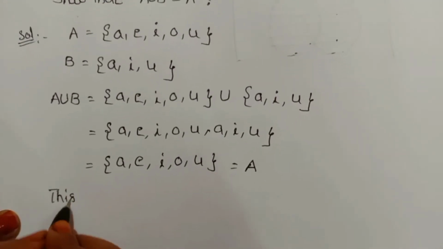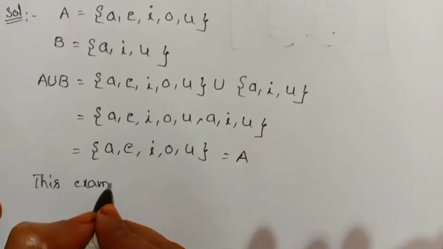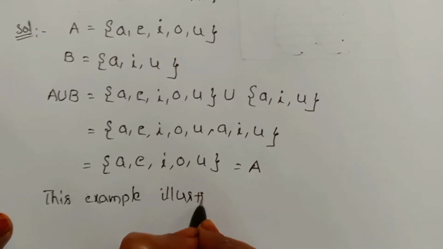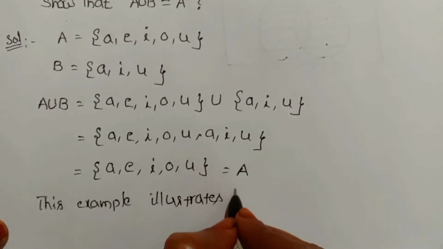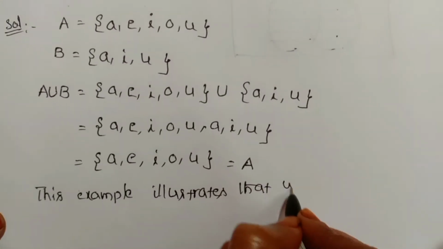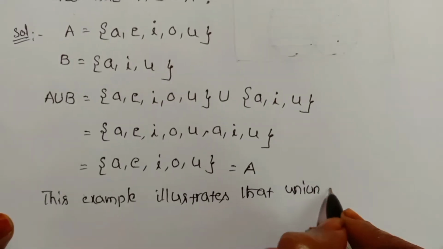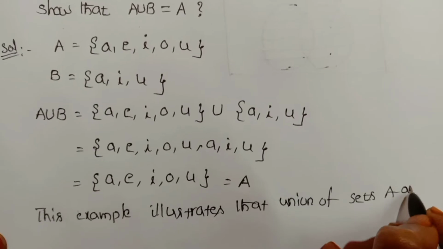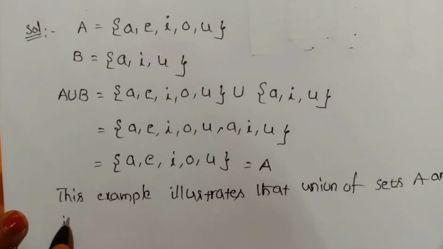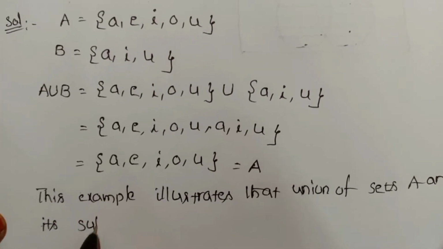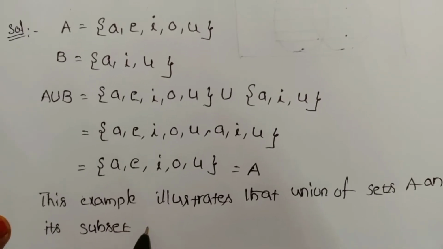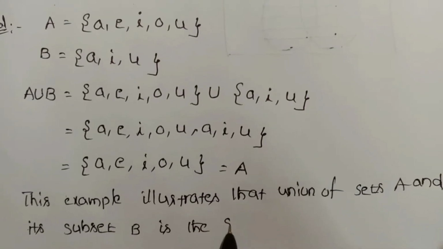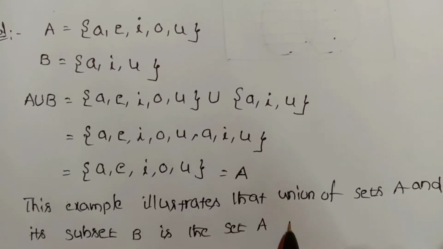This example illustrates that the union of set A and its subset B is the set A itself.